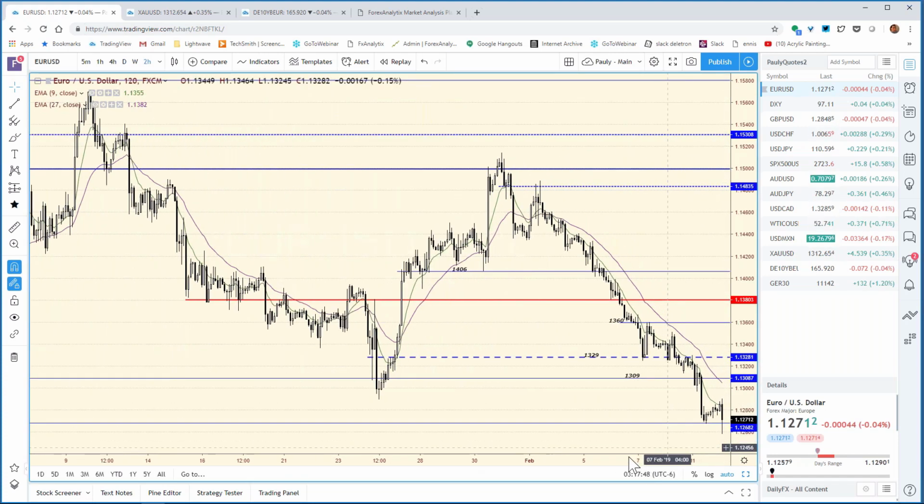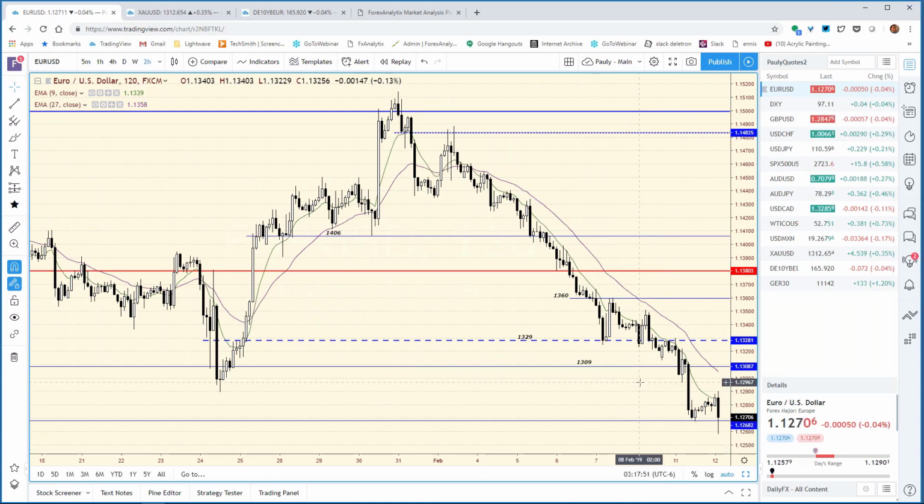This euro is in some tough shape. It almost seems crazy going to say 1329, but that would actually be the key resistance up in here for now. 1309 is a long ways away.